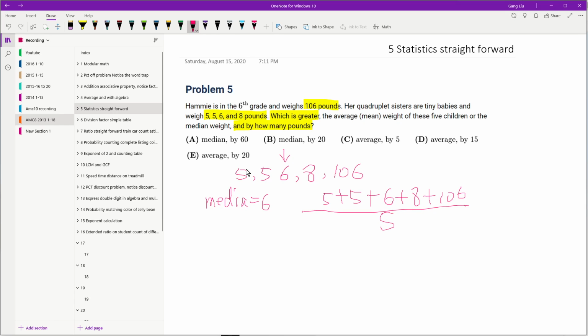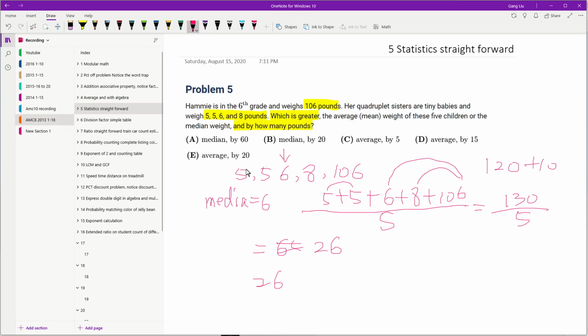And the ones on these 3 numbers are going to be 20, and this is 10. Then we have this 100, and it's going to be 130 divided by 5 equals 26.